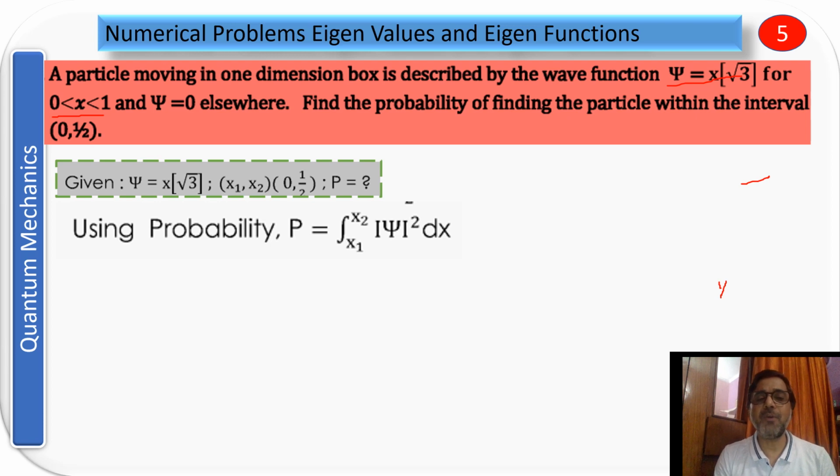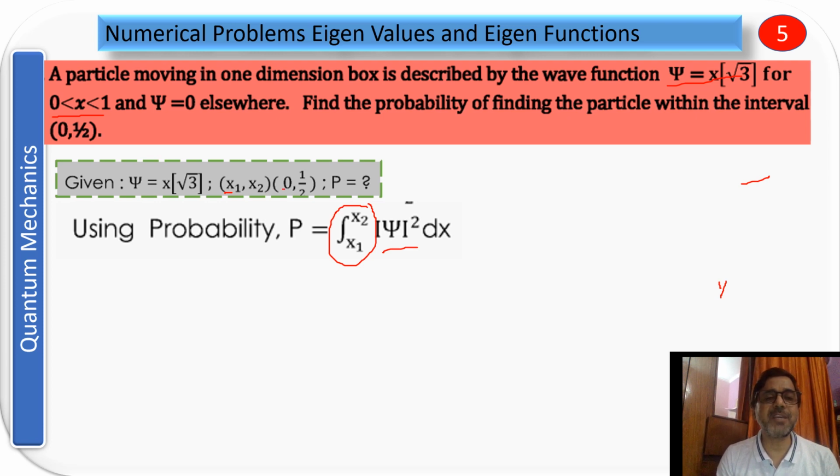I had shown you before, just after the Schrodinger wave equation, the probability is calculated as mod of psi whole square dx between the limits. Whatever limit has been asked, within that limit you have to find it. What is our limit? x1 is 0 and x2 equal to half.